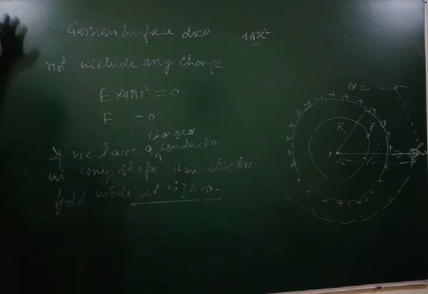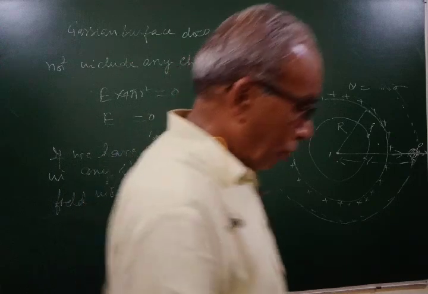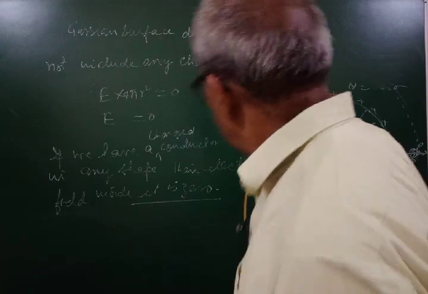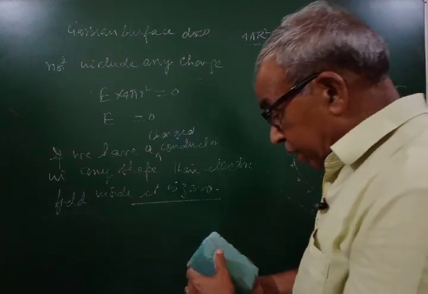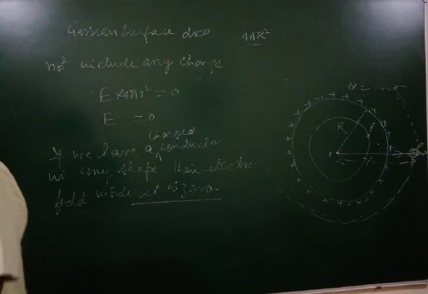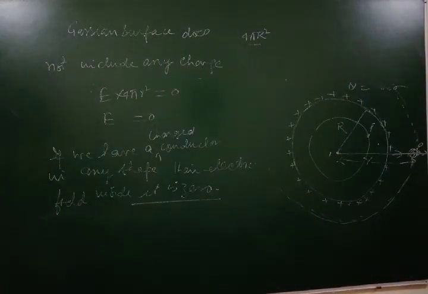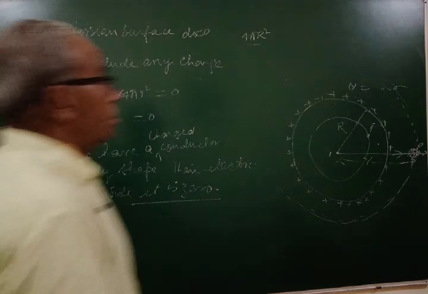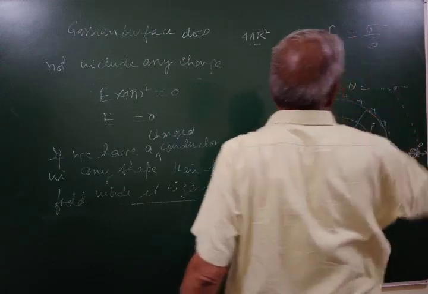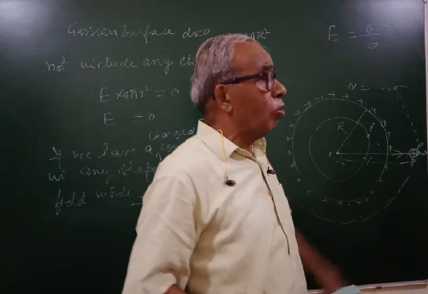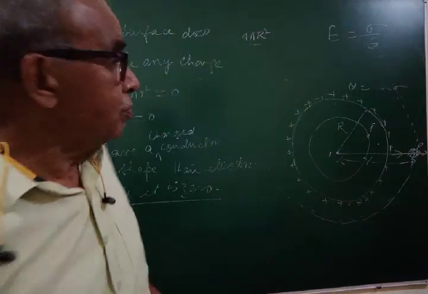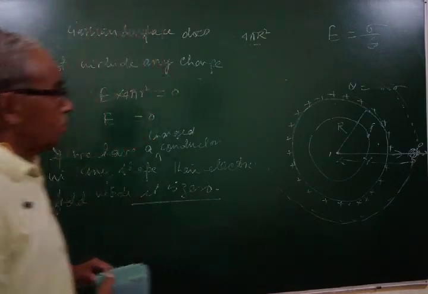Inside any charged conductor the field is 0, whatsoever the shape. And if you know the surface charge density at any point of a conductor, then you can tell the field equals sigma upon epsilon 0. The field will point radially outward, normal to the surface, if the charge is positive, and inward if it is negative. I think this is clear.